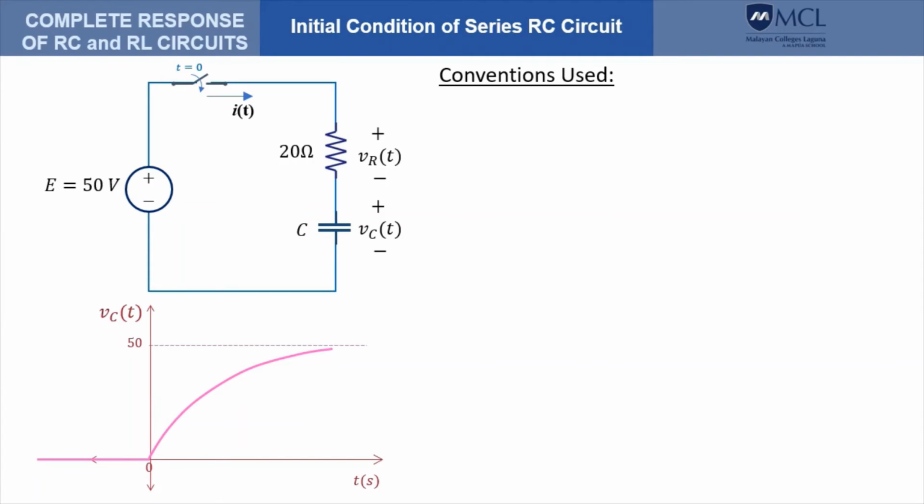For a series RC circuit where we're trying to get the voltage V sub C across the capacitor, we can use the following conventions to show the initial conditions of the voltage. For the voltage across the capacitor just before t equals 0, we can write it this way: V sub C at 0 with a minus symbol on the upper right of 0.